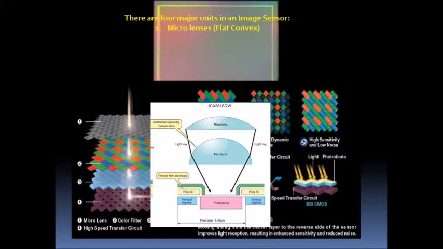As you can see here, the first one is directing the light towards photo sites, and the later one is directing it further, so that very little light leakage will be there, because the more light hits the photosensitive area of a pixel, the more efficient performance we can see for that sensor.